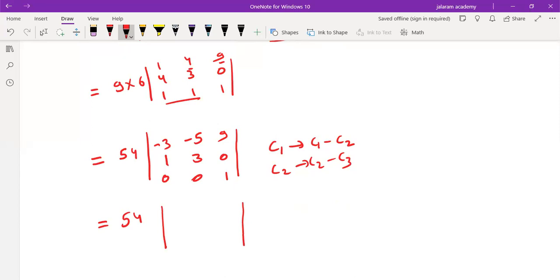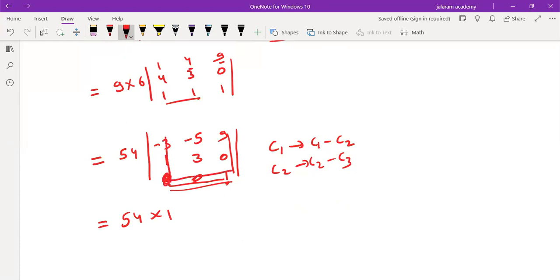Though we can directly also expand, now it will be expanded only along this row. So the result will be 1 into, as we are expanding along the third row, 0 into something will be there, then 0 into something again, as the first element is 0.